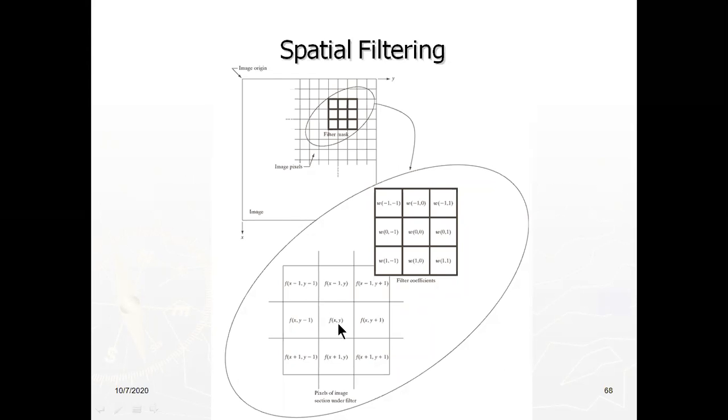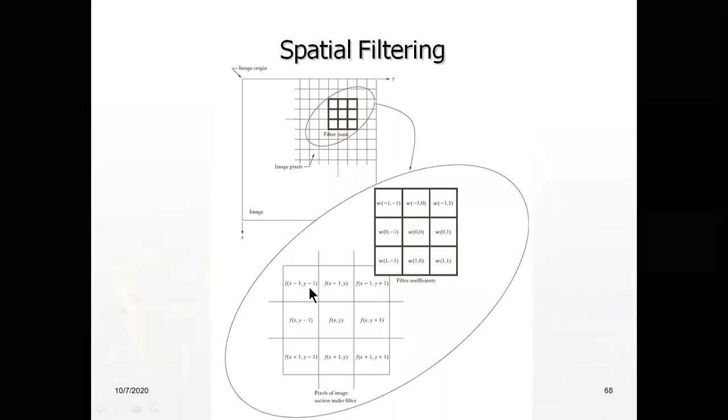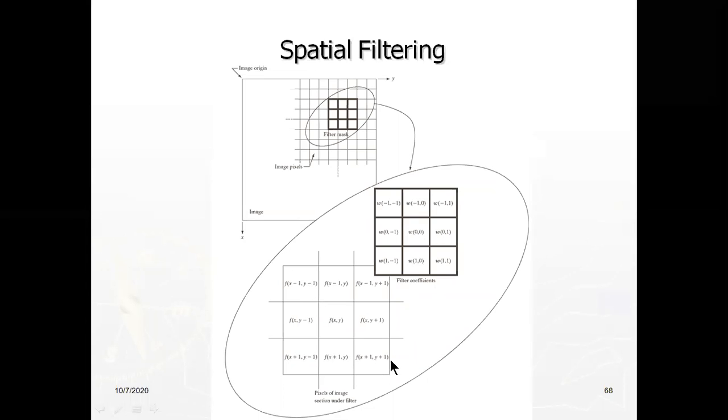So this is f of x, y. Around it you have the 8-neighborhood where we can write f of x minus 1, y minus 1 on this side, and f of x plus 1, y plus 1 on this side. Now for this neighborhood, you can take the weights correspondingly as w of minus 1, minus 1 till w of 1 comma 1.